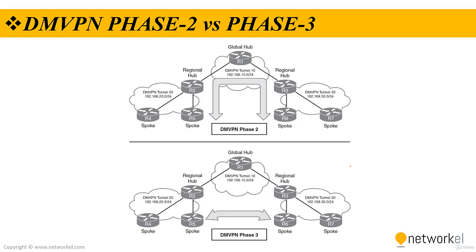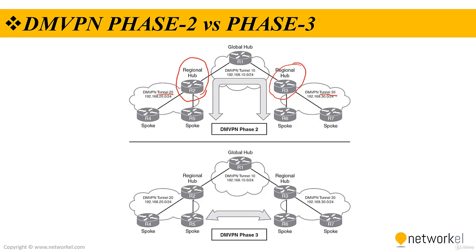In this two-tier hierarchical design, Router 2 is the hub for DMVPN Tunnel 20 and Router 3 is the hub for DMVPN Tunnel 30. You can see in here we have Router 2, and that is the hub for DMVPN Tunnel 20. And we have Router 3, and that is the hub for DMVPN Tunnel 30.